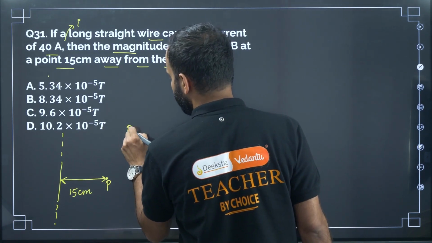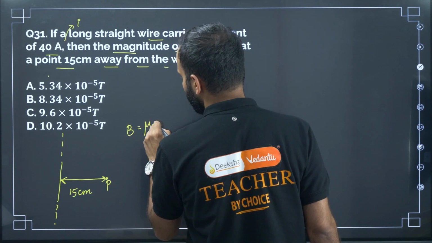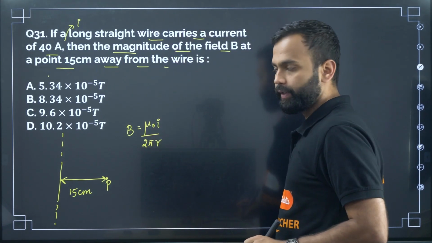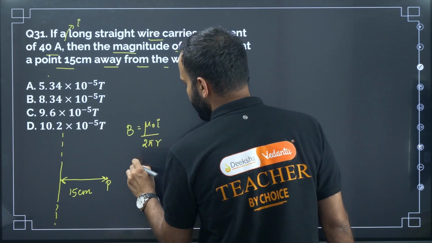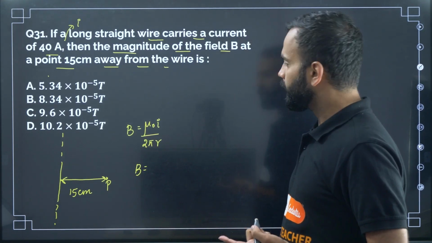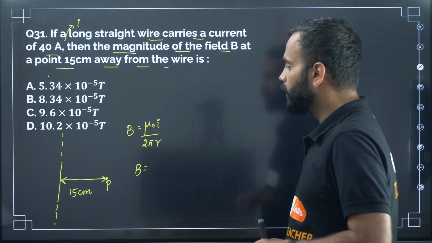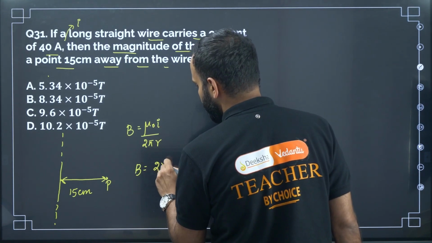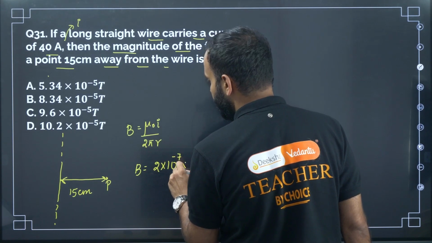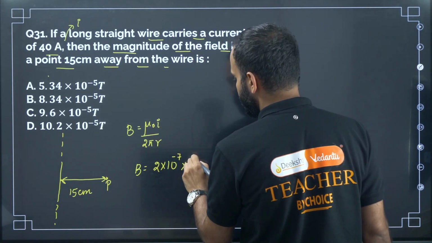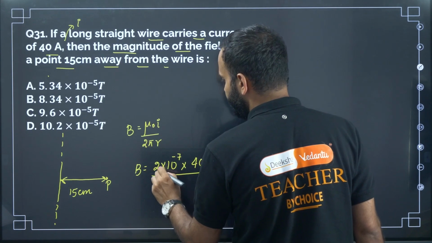So that will be B equal to mu naught I divided by 2 pi r. Now mu naught by 4 pi is 10 to the power minus 7, right? So mu naught by 2 pi is 2 into 10 to the power minus 7. So now 2 into 10 to the power minus 7 into I, I is here 40 ampere, divided by r.